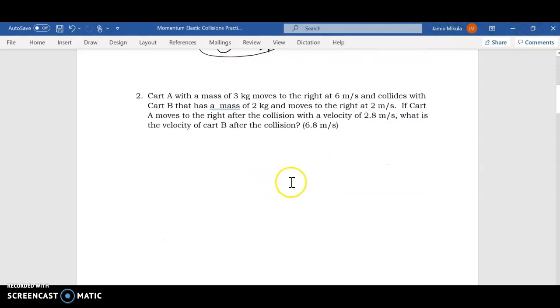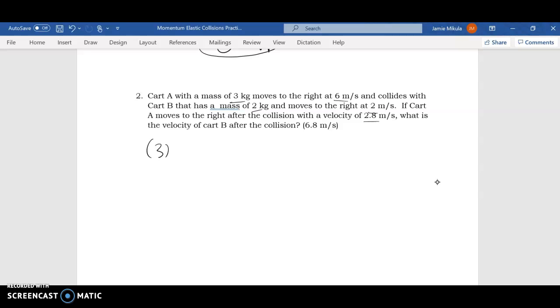Number 2, cart A with a mass of 3 moves to the right at 6, collides with cart B with a mass of 2 that moves to the right at 2. Cart A moves to the right after the collision with a velocity of 2.8. What is the velocity of B?